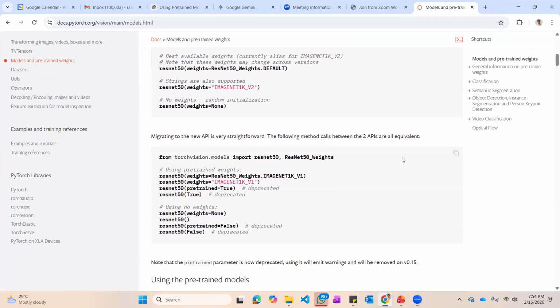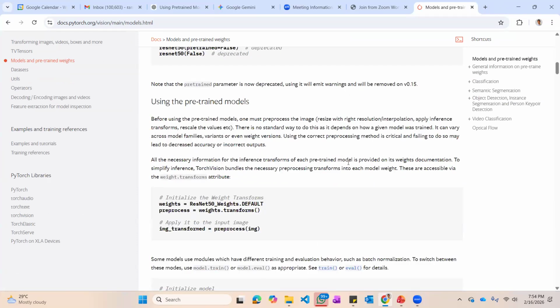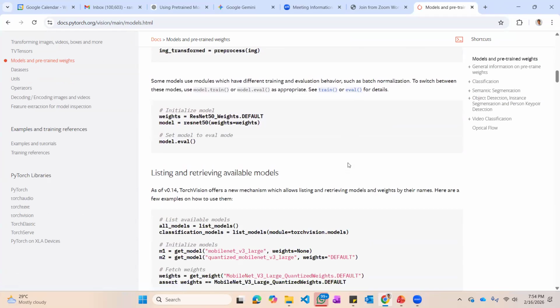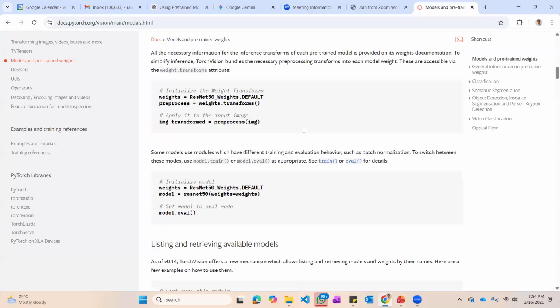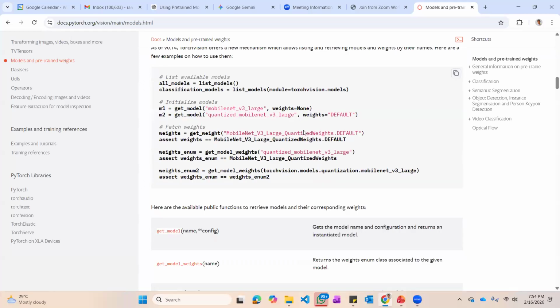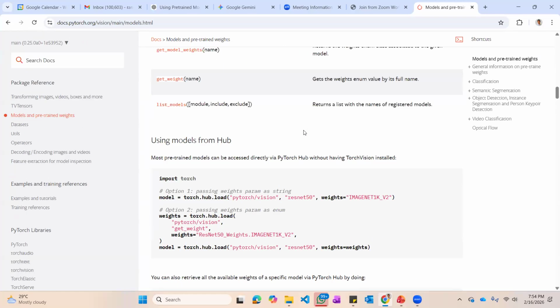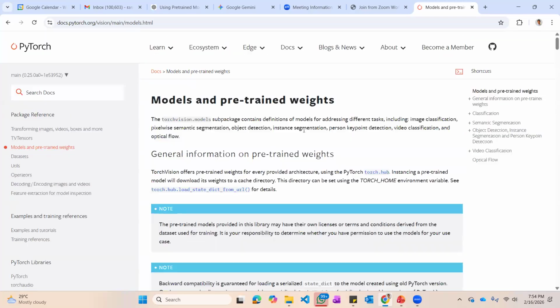Those things are there. So ResNet 50. So at least you understand what these things mean now. Weights means they have pre-trained them using ImageNet, I think, and you can use them. So many other models are also there. So you can look for the existing models.